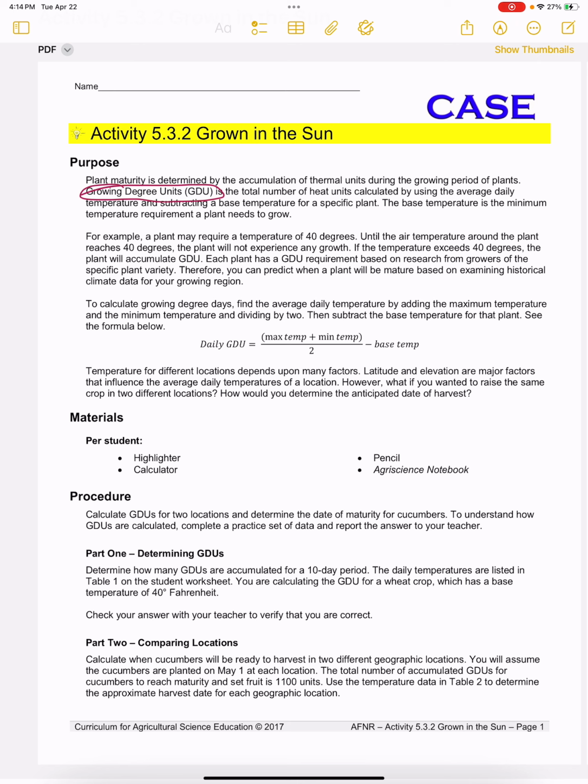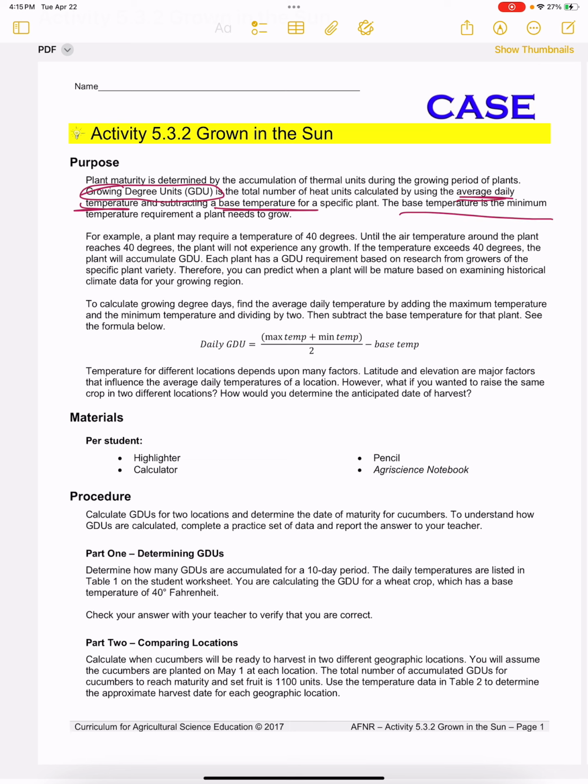So each plant grows at a different rate, and it depends on the daily conditions, the temperature for that particular day. So you have an average daily temperature and a base temperature for each specific plant.